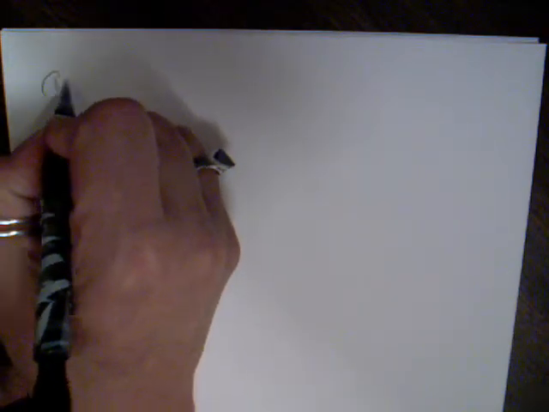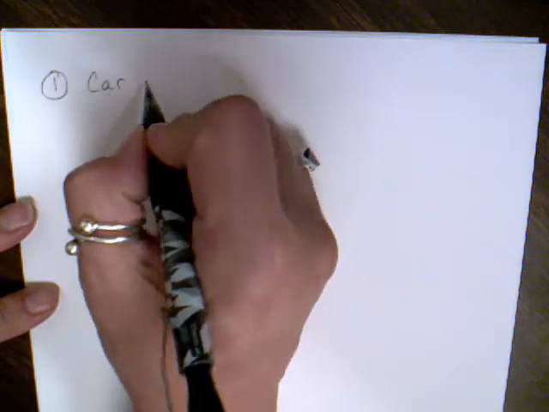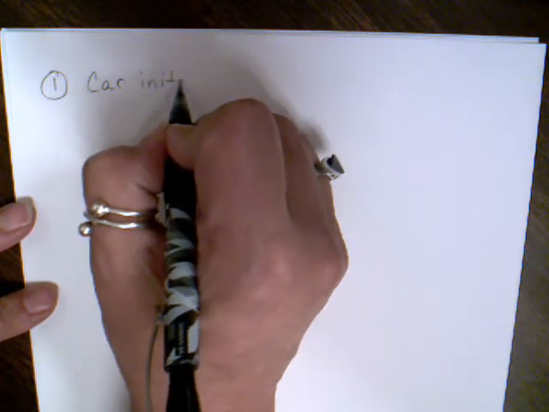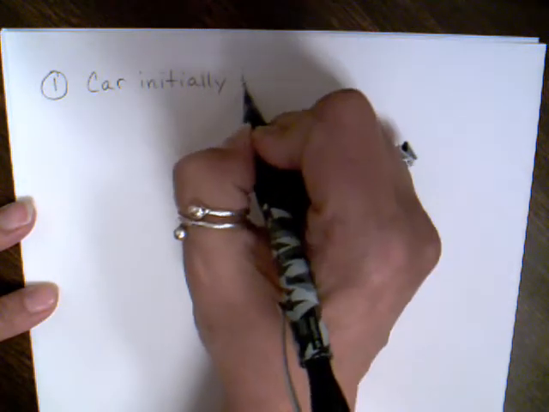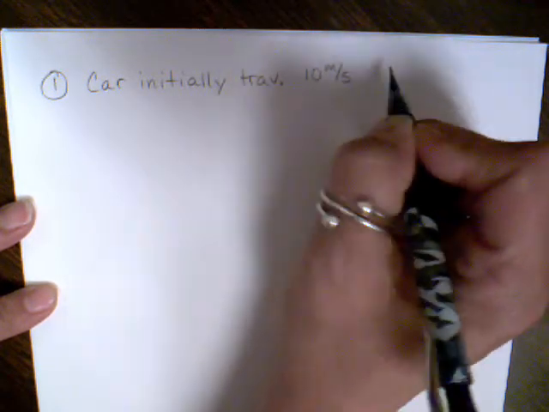My first example, and I'm just going to abbreviate, I have a car initially traveling 10 meters per second.